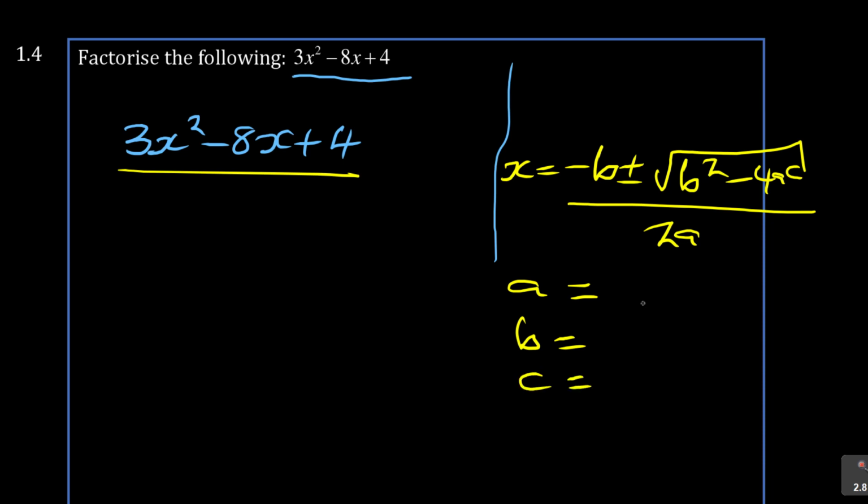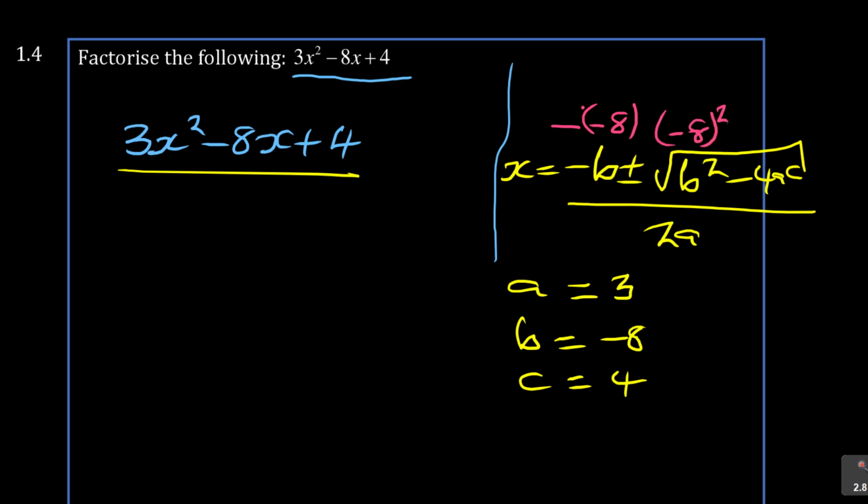The a value is 3. The b value is negative 8. And the c value is 4. Can you please put it in the formula now? Don't forget it's minus 8. Then plus square root of bracket minus 8 squared.